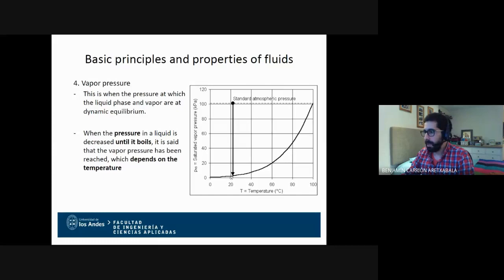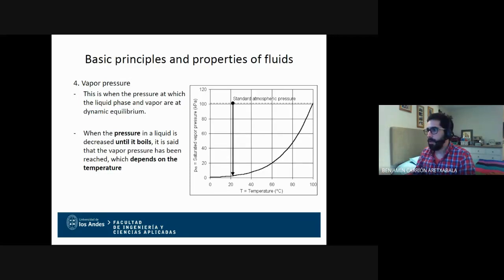But as you increase the temperature, the vapor pressure increases, and once it reaches the pressure of the ambient, the water will start boiling.